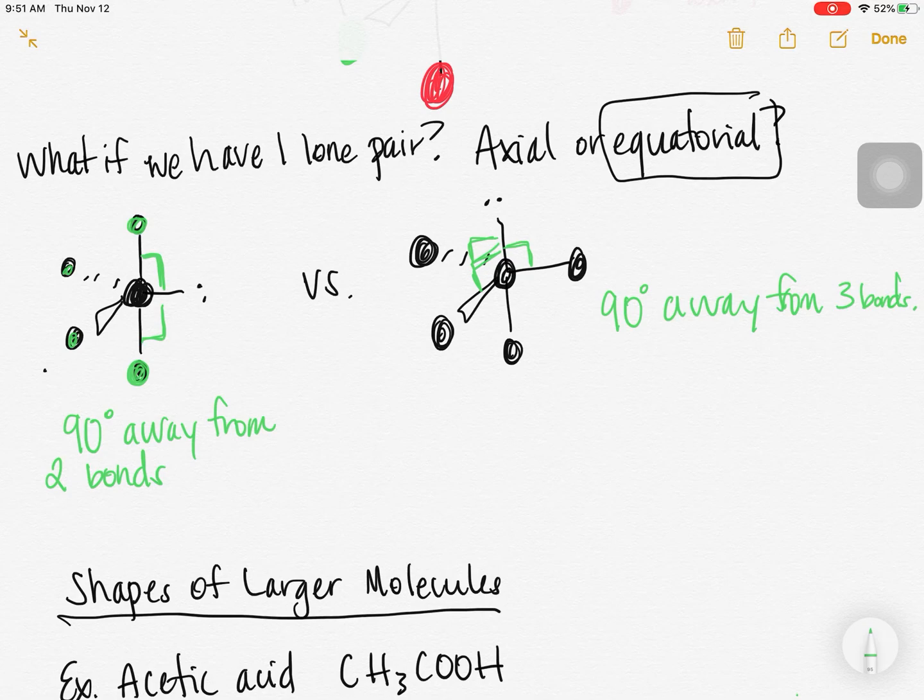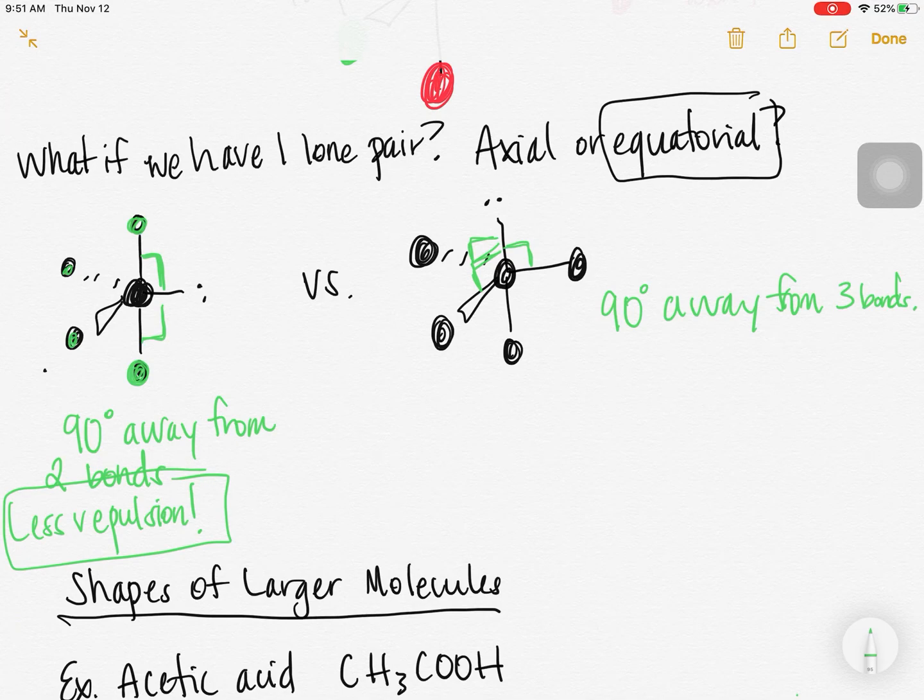So what we're looking for here is the lesser of the two evils. Because in the equatorial position it's 90 degrees away from only 2 things, there's less repulsion. And so that is why the lone pair is going to assume an equatorial position. And once it does, all lone pairs are going to take that same shape.